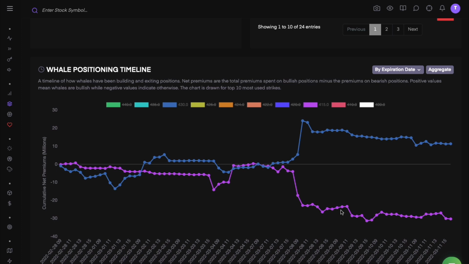Oftentimes you'll see that when there is going to be a new uptrend or downtrend, these lines go up for out of the money strikes, and you'll see these lines go down for some other strikes, or at least maybe stay the same for other strikes. If the line is going continuously up for an out of the money strike, that can signify that whales are building large positions in out of the money calls, let's say, which obviously is a very bullish sign.